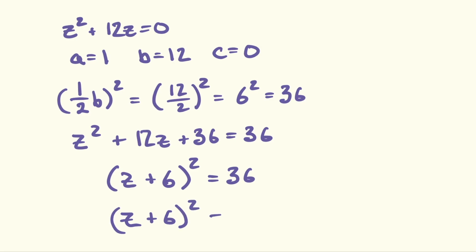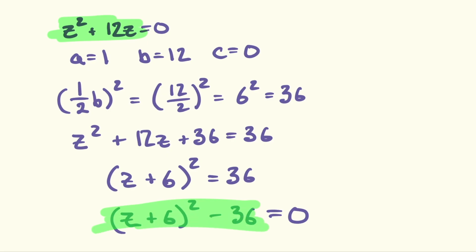Z plus 6 squared minus 36 is equal to 0. So again, we started with stuff, we set it equal to 0, and we're going to punch in z plus 6 quantity squared minus 36 back into our equation. So we haven't actually changed anything. All right. Whew. Let's pop that back into our equation.